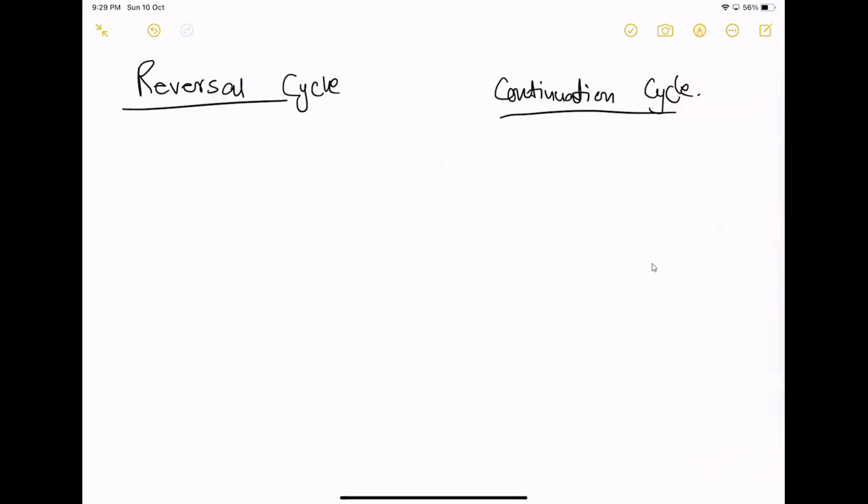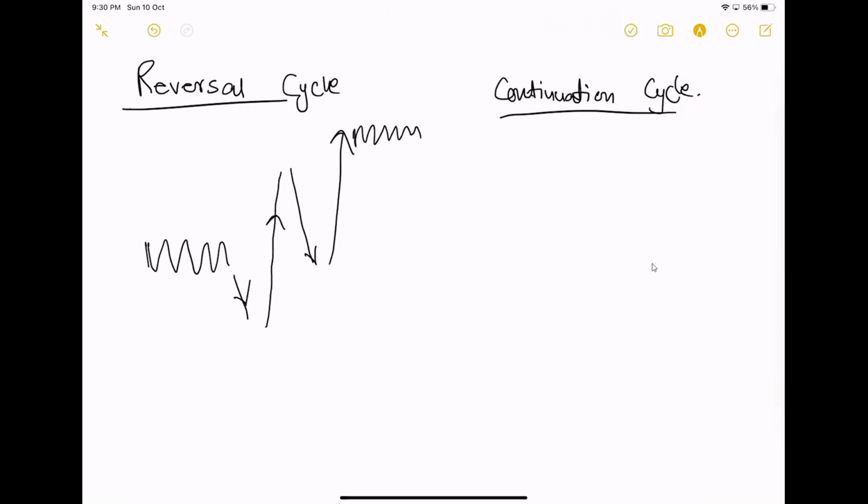If I just show you an easy example, I'll use a bullish example. We got consolidation, then we got expansion, then reversal, then retracement, and then reversal, and then consolidation. Now here's what I'm going to ask you.